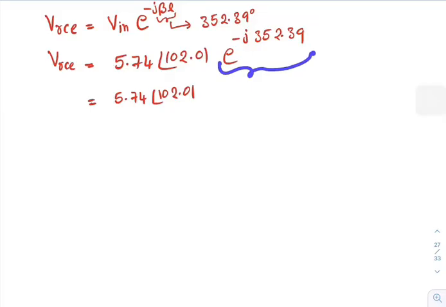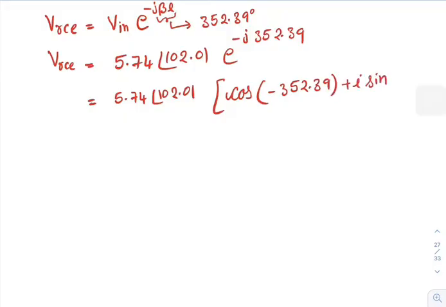By using Euler's theorem, I can write it as cos of minus 352.39 plus j into sine of minus 352.39.